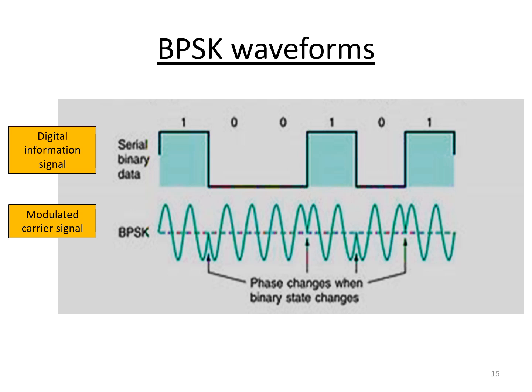Based on this BPSK waveform, notice that when the input digital information changes from 1 to 0, the phase of the modulated carrier signal will start to oscillate at the phase angle of 180 degrees. When the input digital information signal changes from 0 to 1, the modulated carrier signal starts to oscillate at the phase angle of 0 degrees.